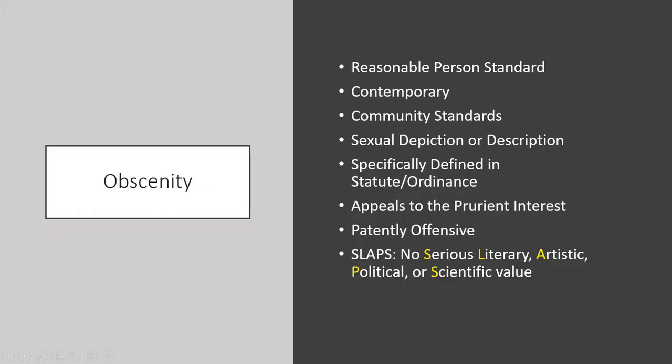Next, the trier of fact would have to find that the material taken as a whole appeals to the prurient interest. And prurient is a word that most of us don't use in our everyday lives, so you need to know what that means and how to spell it as well. P-R-U-R-I-E-N-T.